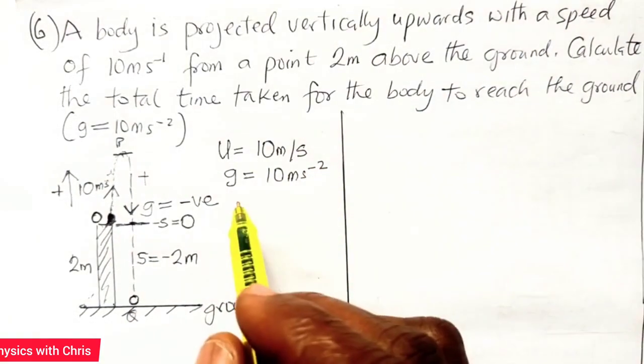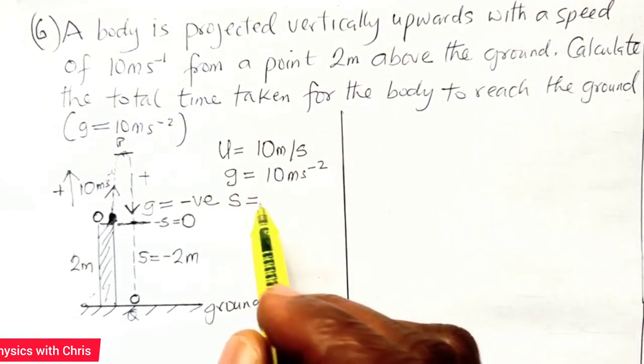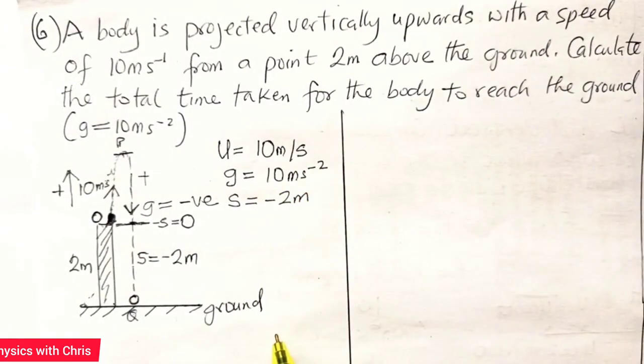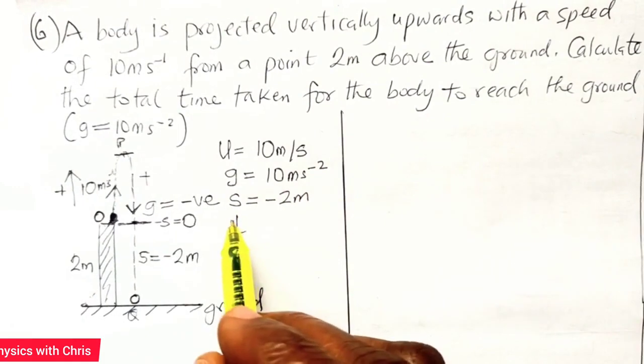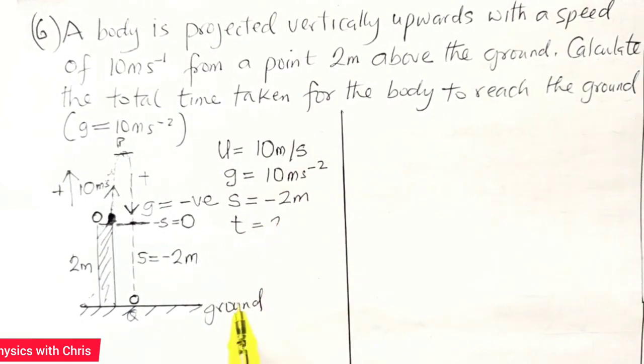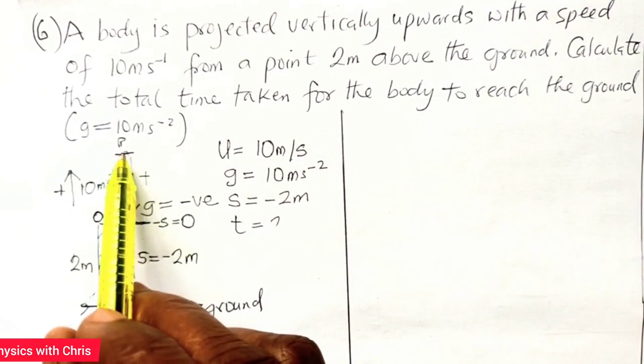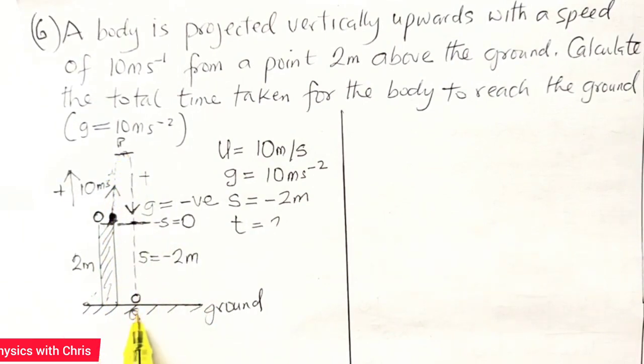And what else? We have our s to be -2 meters. So what I need to find is the time t taken for the body to go from the point of projection through to point P and then to point Q when it hits the ground.